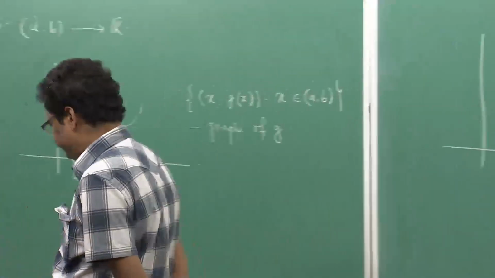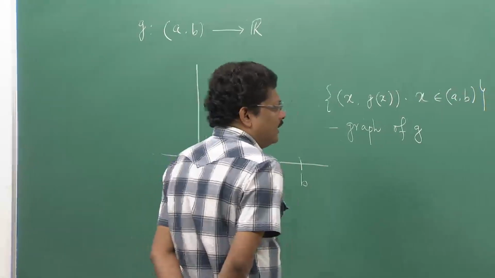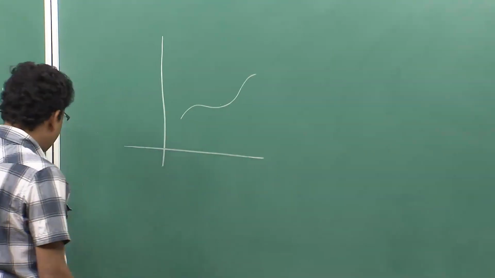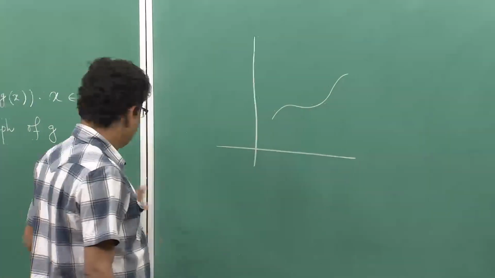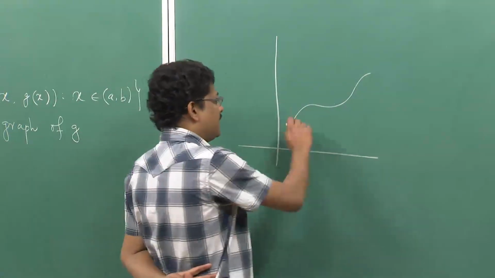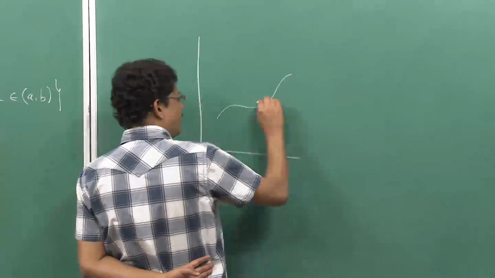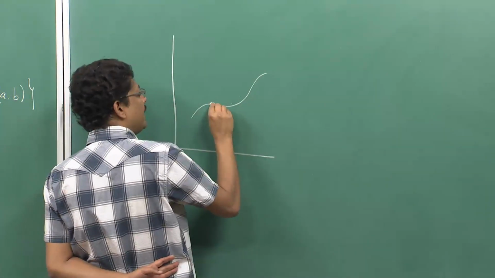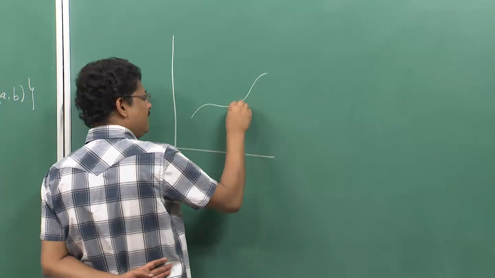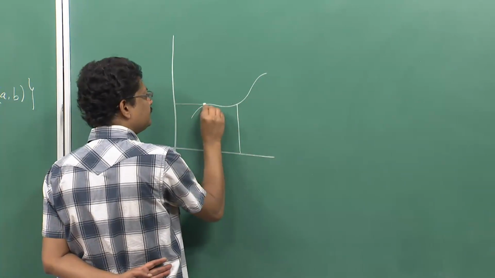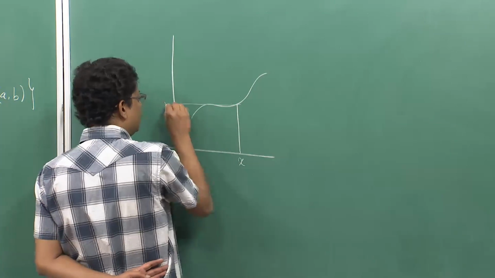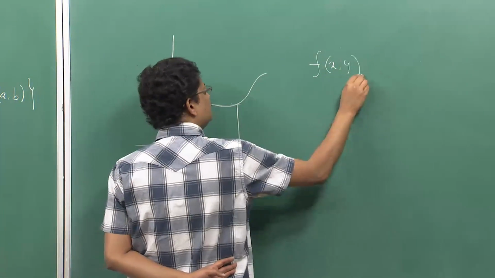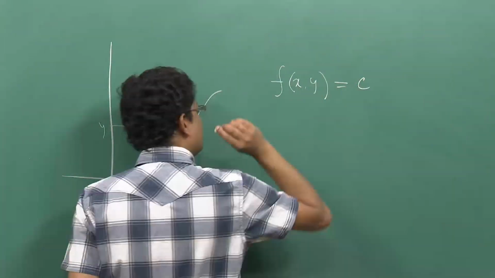Well, I say, do not worry about whether any function of one variable exists or not, but this is a curve which is governed by this rule, that any point (x, y) on this curve satisfies the relation f(x, y) equal to a constant.